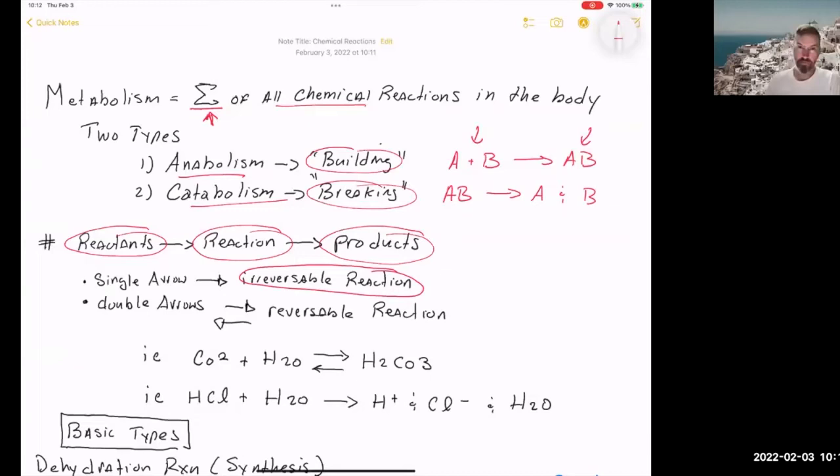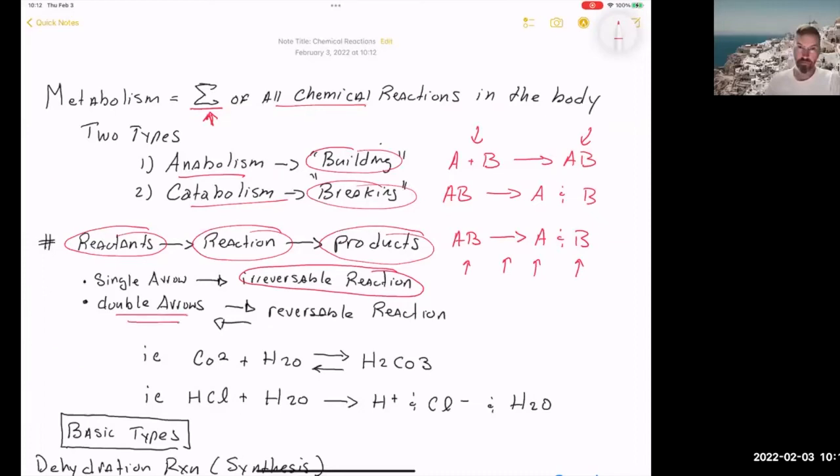So if I have, for example, molecule AB undergoing a chemical reaction where it breaks down into A and B, that arrow in one direction means it's an irreversible reaction.